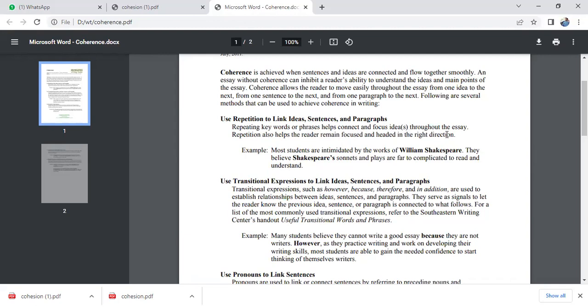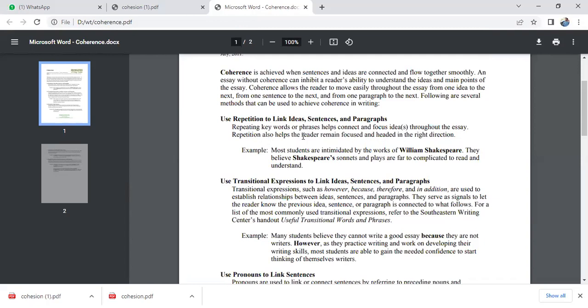Remember, if you are repeating words, phrases, or certain ideas, this will cause connection in your writing. This will cause focus on the main idea. From these clues, these words, these phrases, these ideas, the reader will understand the main idea. Repetition also helps the reader remain focused and headed in the right direction.